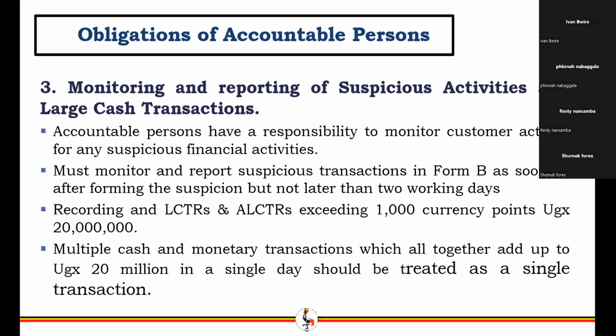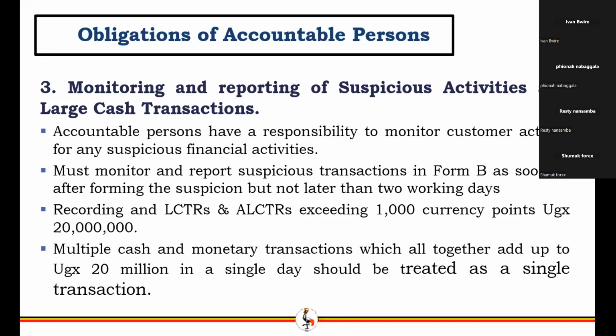In addition to that, any aggregated transactions that equate to 20 million. For example, if a client transacts in bits, but when you add that money, it's equivalent to 20 million, a transaction of 20 million and above is supposed to be reported to FIA.